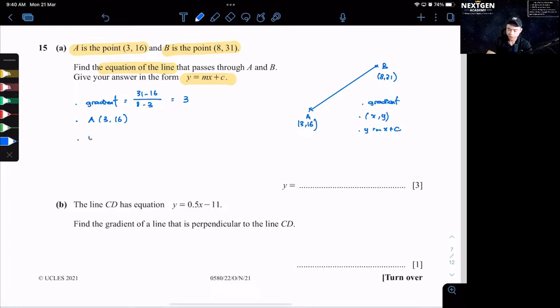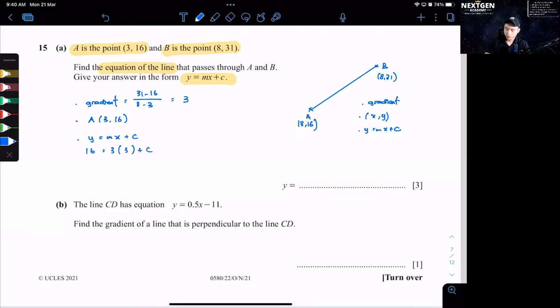Let's feed it into y equals mx plus c. You can use y2 minus y1 equals x2 minus x1 also, but I think most math students will use y equals mx plus c. And math students, you can also use y minus y1 equals m bracket x minus x1. Feed it in to find the c. 16 equals 3 times 3 plus c.